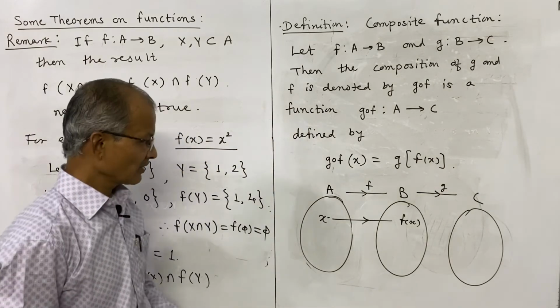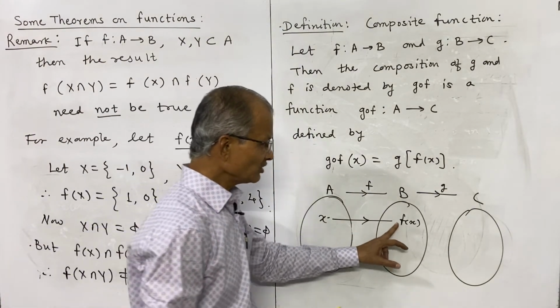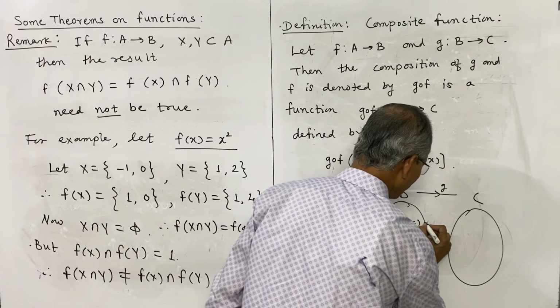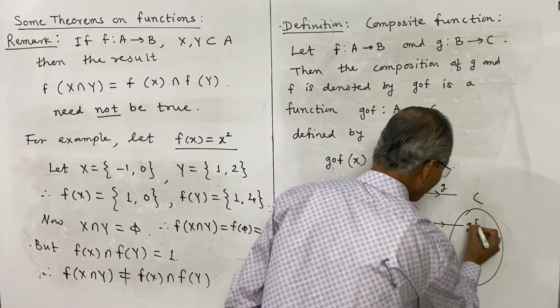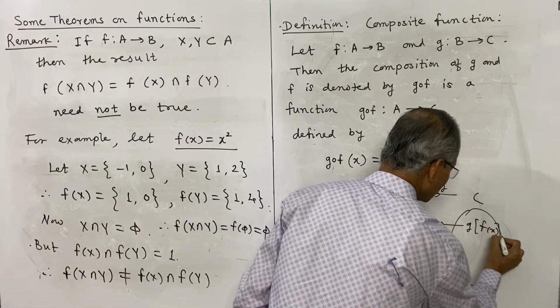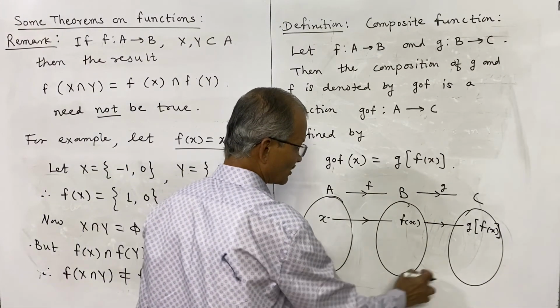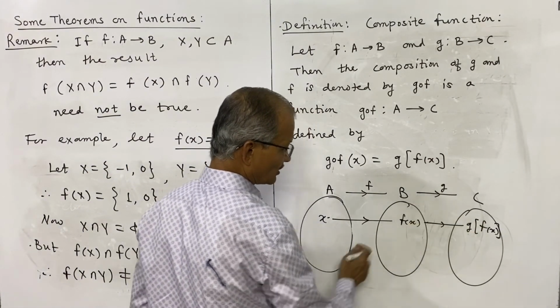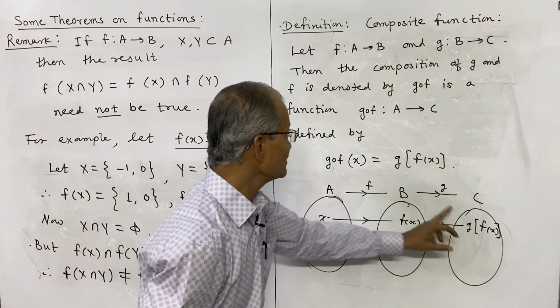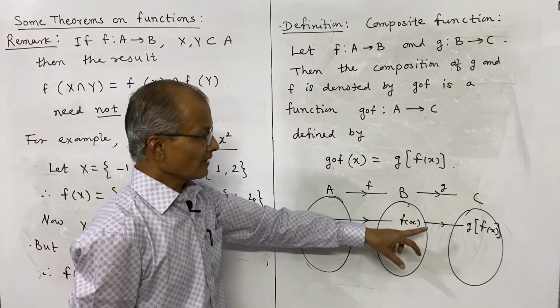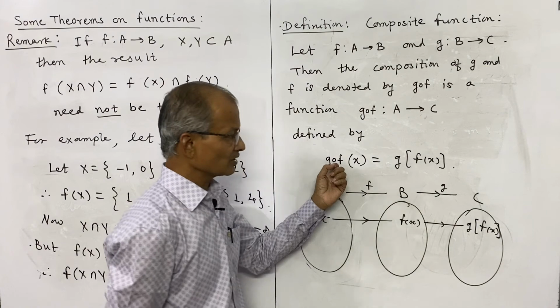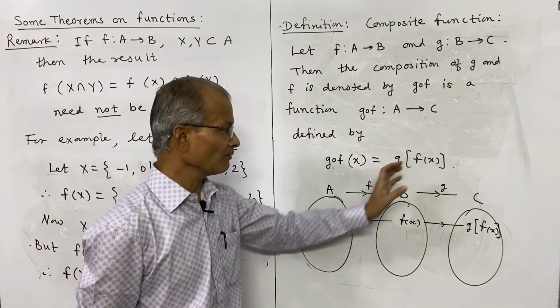The image of this is f of x, and the image of f of x under g will be g of f of x, and this is the composition function. That means from x to g of f of x. This is g naught f of x. So the image of x under this composition will be g of f of x.